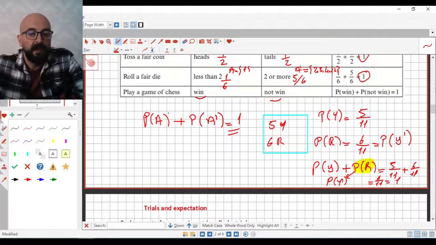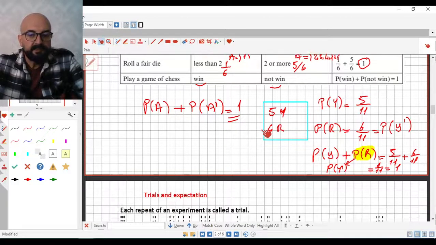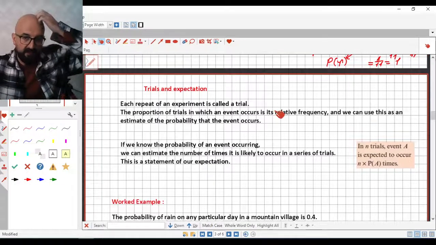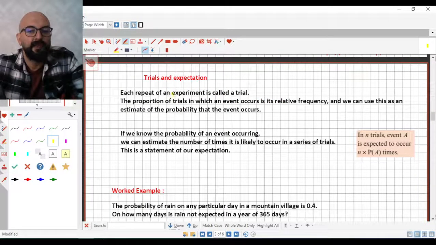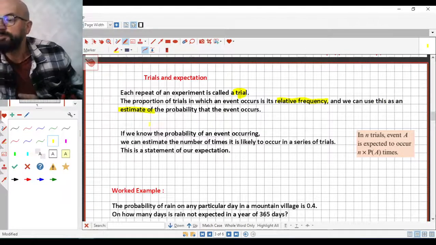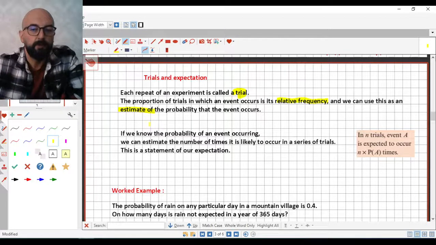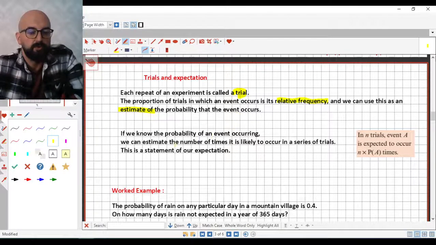Okay. Now trials and expectation. Each repeat of an experiment is called a trial. The proportion of trials in which an event occurs is its relative frequency, and we can use this as an estimate of the probability that the event occurs.